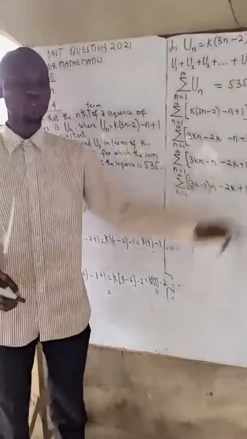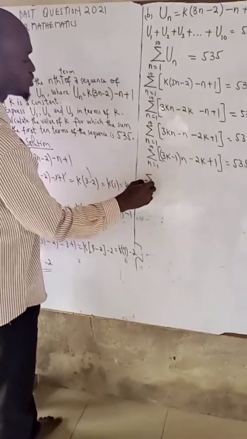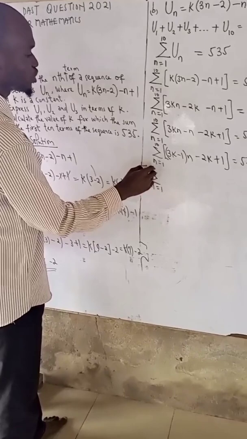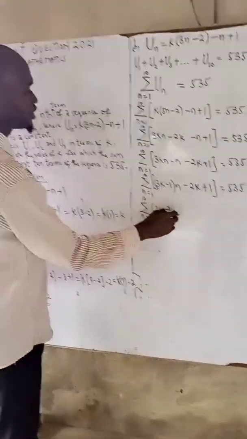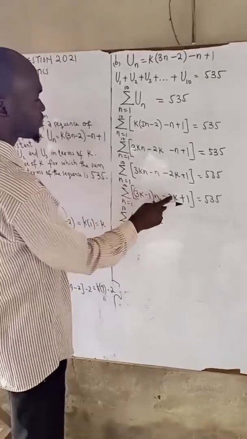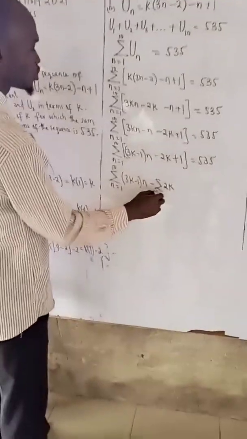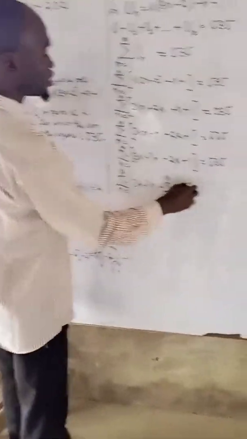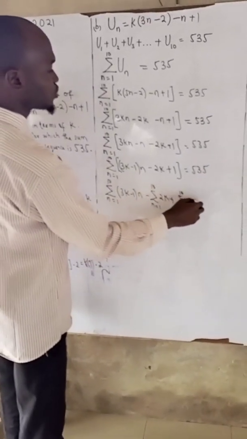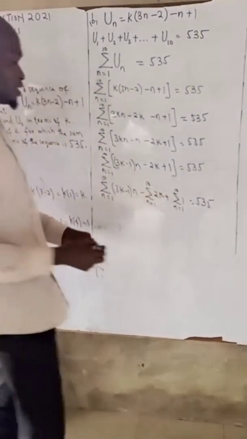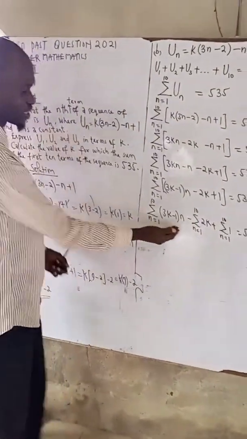Then I will now distribute the sigma notation. We have sigma from n equal to 1 up to 10 of (3k - 1)n, minus sigma from n equal to 1 up to 10 of 2k, plus sigma from n equal to 1 up to 10 of 1, equal to 535. Now, the whole of 3k minus 1 is a constant, so I can bring it out.